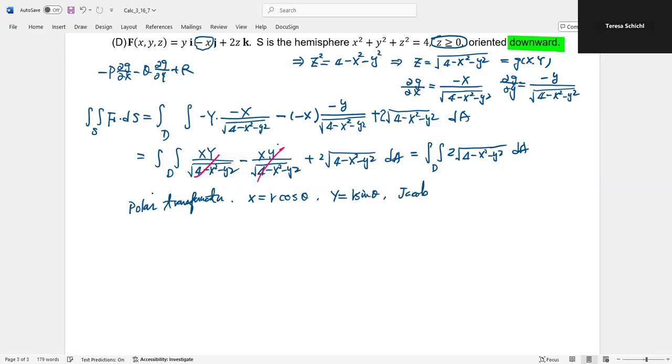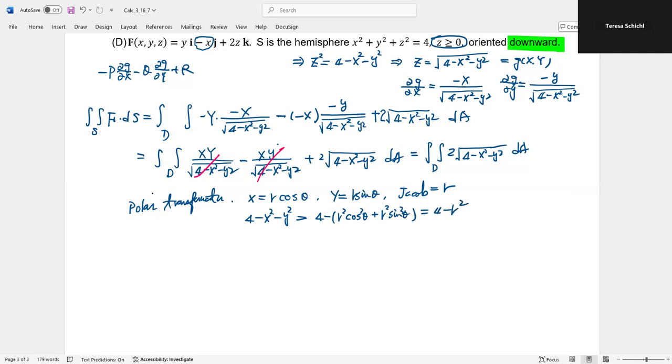Jacobian is equal to r, right? Jacobian equal to r. So also I know 4 minus x squared minus y squared is 4 minus r squared cosine squared theta plus r squared sine squared theta. So it is equal to 4 minus r squared.